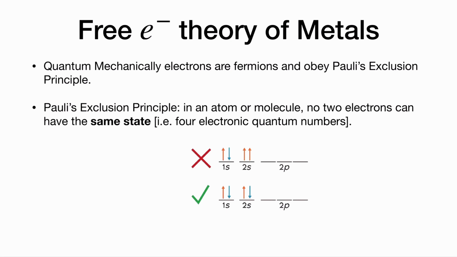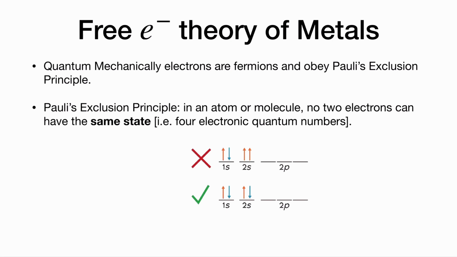Quantum mechanically, they need to observe Pauli's exclusion principle. This is essentially the idea that no two electrons can occupy the exact same state. That is, they cannot have the exact same energy.